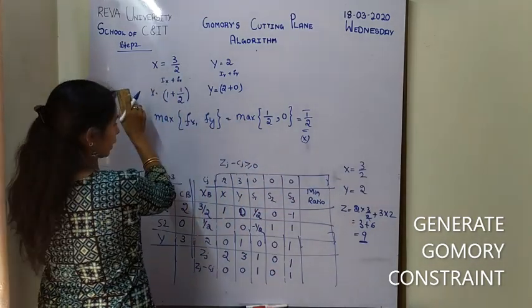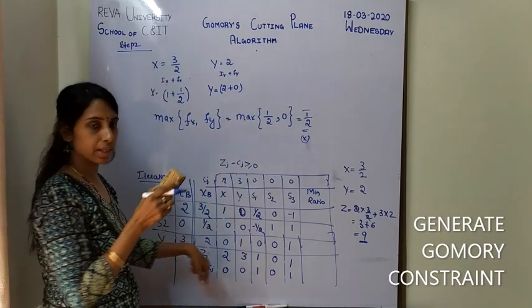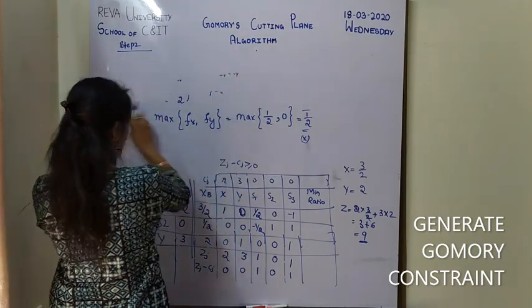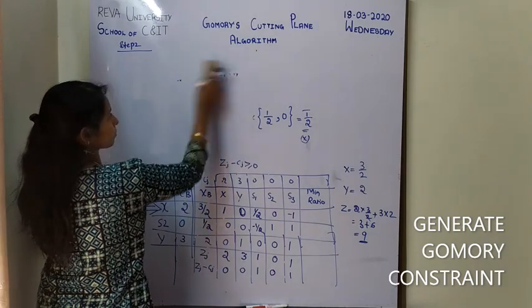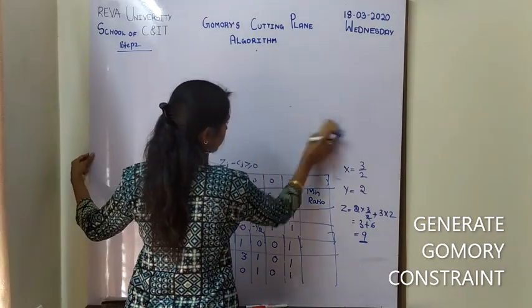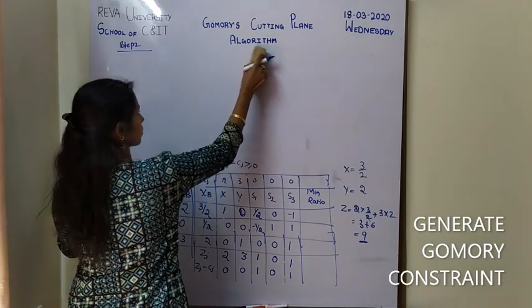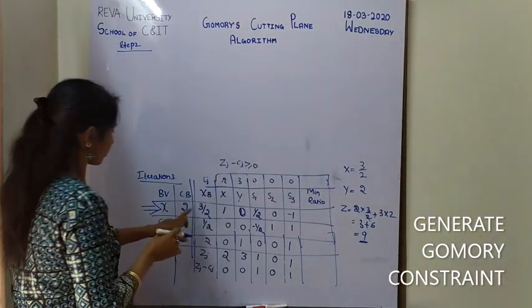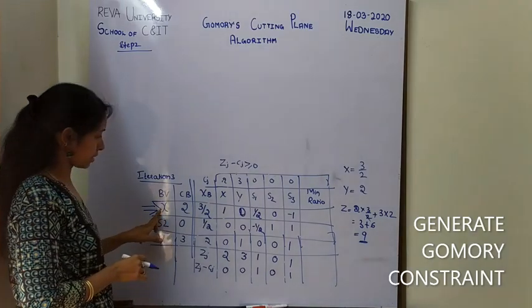So for x we have to consider the last table. I'll just erase this one because I need this last table. Now, I have to consider this.